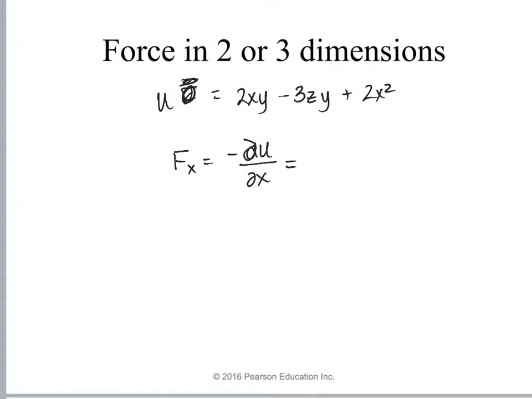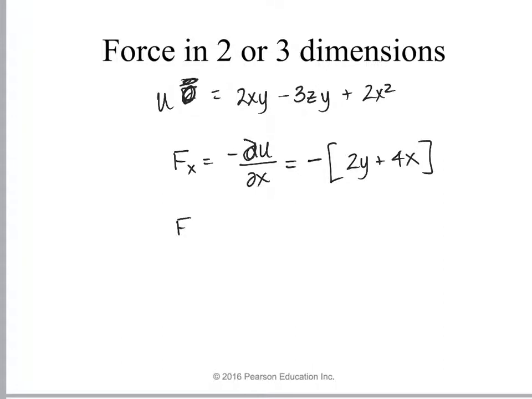And so when I'm taking the derivative, I'm going to treat the y and the z just like they're constants, just like they're numbers. And so for the first term, I get 2y. And for the second term, I get 0 because all those are constants when I'm taking the partial with respect to x. And then for the last one, I get plus 4x.